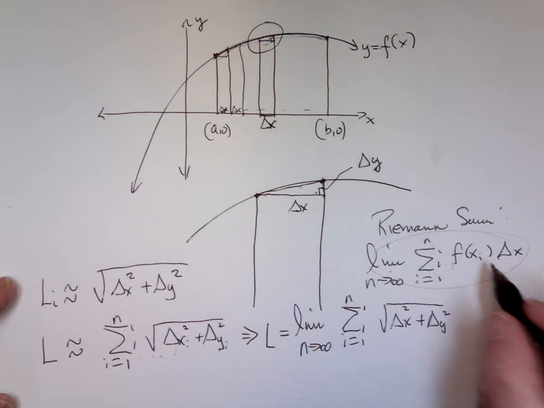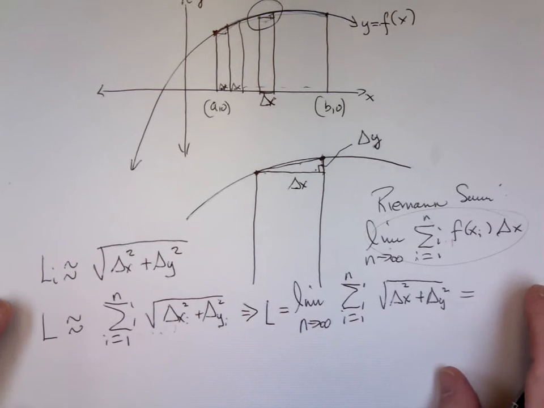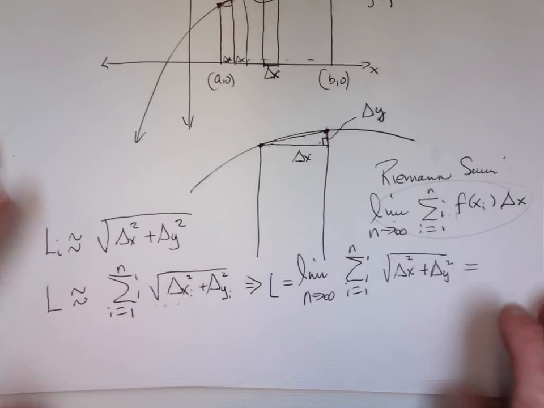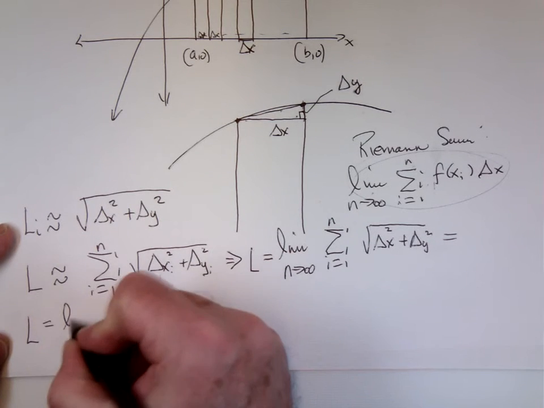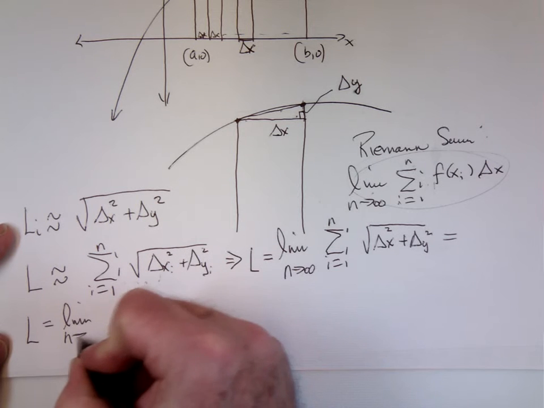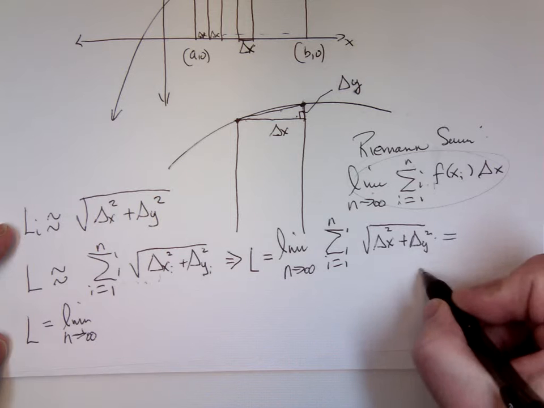What I'm going to have to do is make some changes. I'm running out of space. I'm going to move this up a little bit. So my length is equal to the limit as n goes to infinity. What I'm going to do is multiply and divide by a delta x.